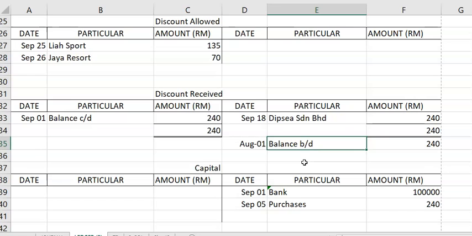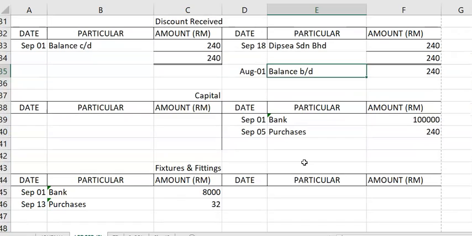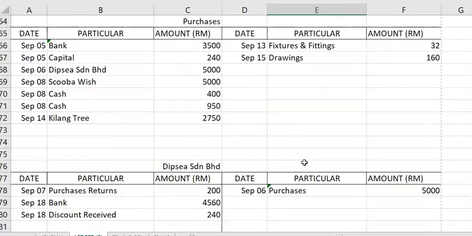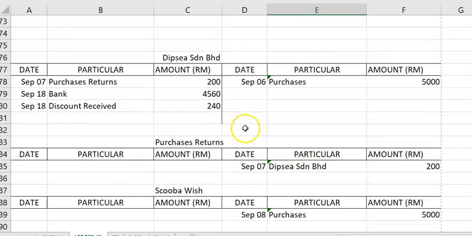Now let's have a look at another transaction that might be interesting for you. For example, I'll show you the Tipsy account.